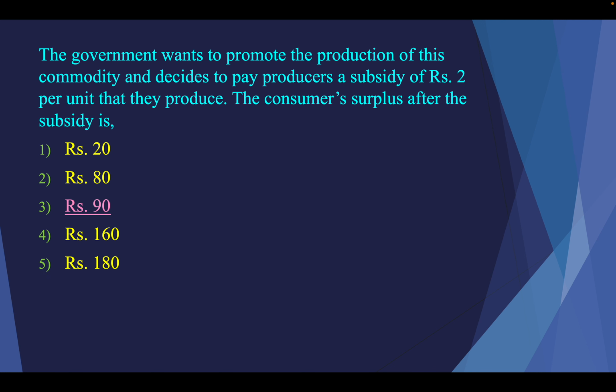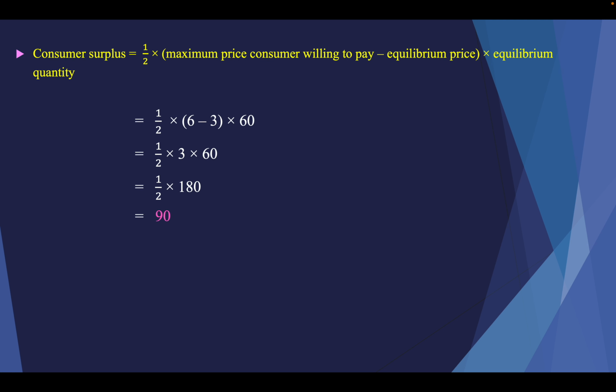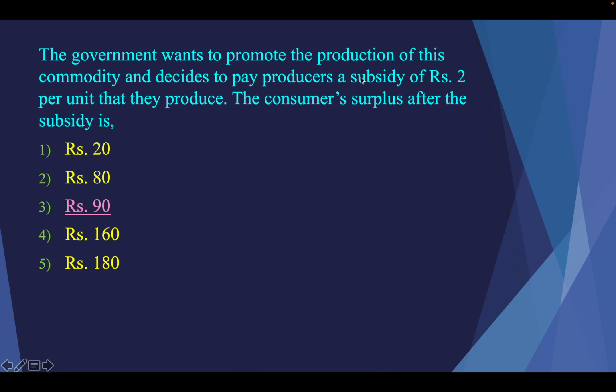So we have to find out consumer surplus after subsidy. Consumer surplus, you have to remember, is above the equilibrium price. This is your equilibrium price. The triangle above the equilibrium price is the consumer surplus. So you have an equation. Consumer surplus equals half into maximum price consumer is willing to pay minus equilibrium price, into equilibrium quantity.